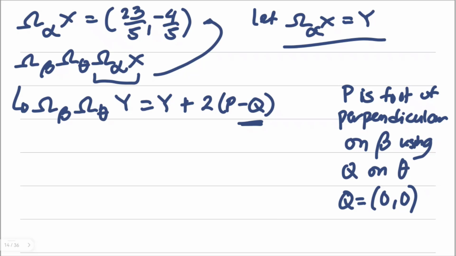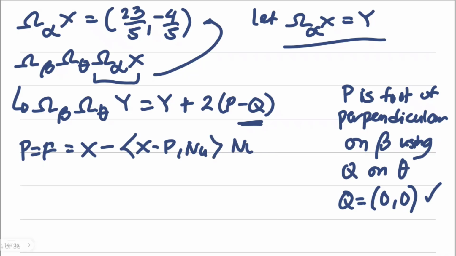Now, since we are done with our Q, let's identify our P. Our P again is the foot of perpendicularity using Q. Take note of the formula for F, or foot, in this case P, is actually x minus the inner product of x minus P times unit normal vector, and we have your unit normal vector. Take note, the x here is not the given x earlier.